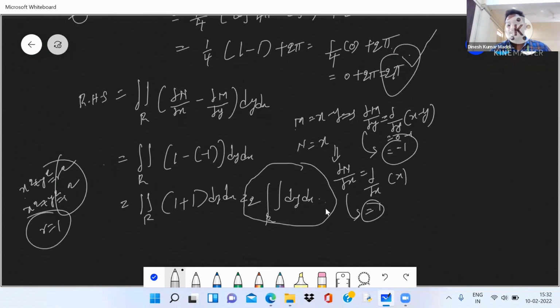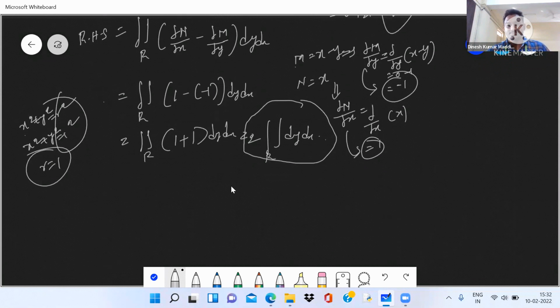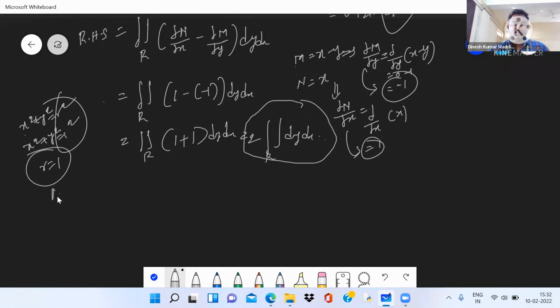Can anyone say the area of the circle formula? Area of circle is pi r square, and 2 into pi r square, this is the area of the circle.